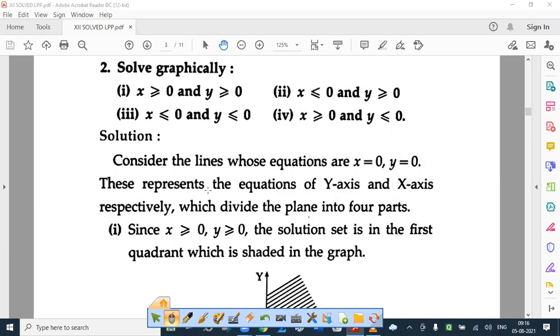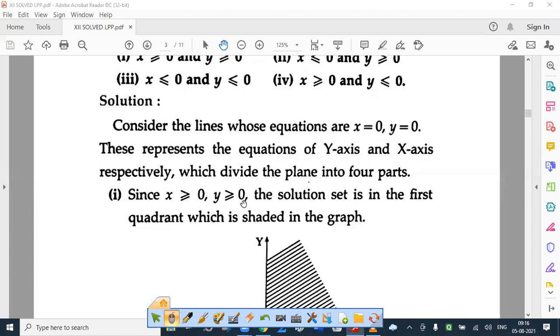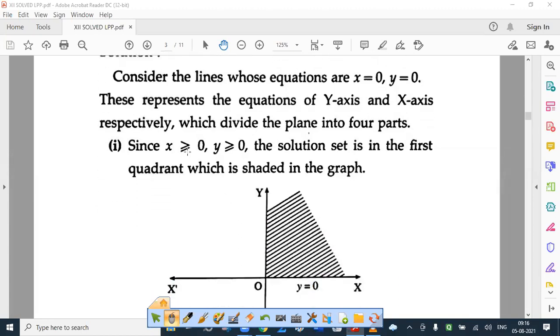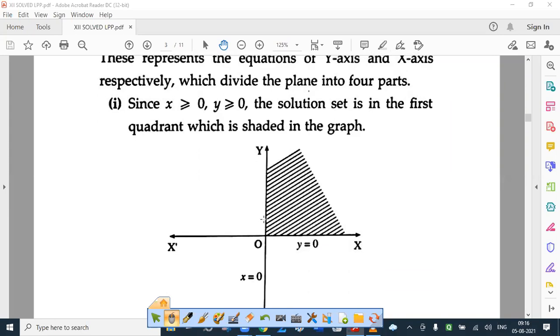These represent the equations of the y-axis and x-axis respectively, which divide the plane into 4 parts. Since x greater than or equal to 0, y greater than or equal to 0, the solution set is in the first quadrant, which is shaded in the graph. I hope this is clear to you.